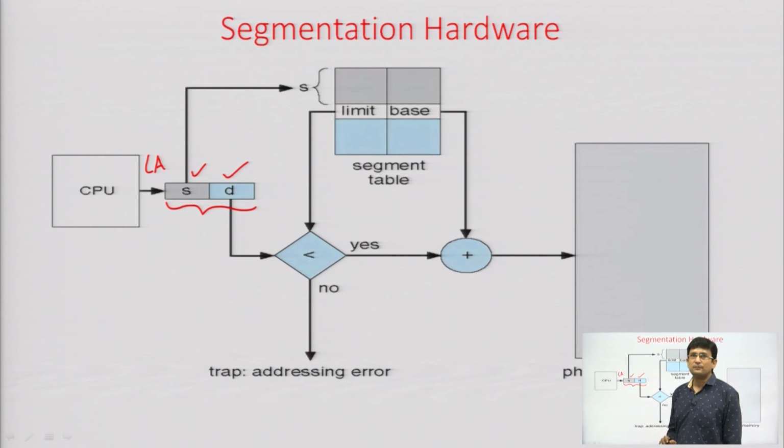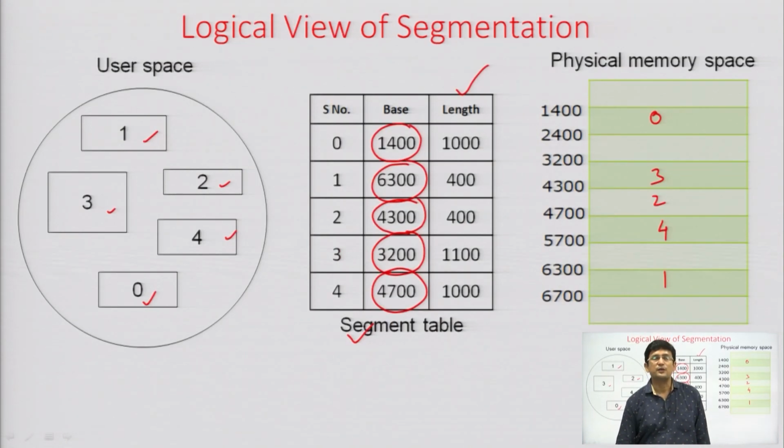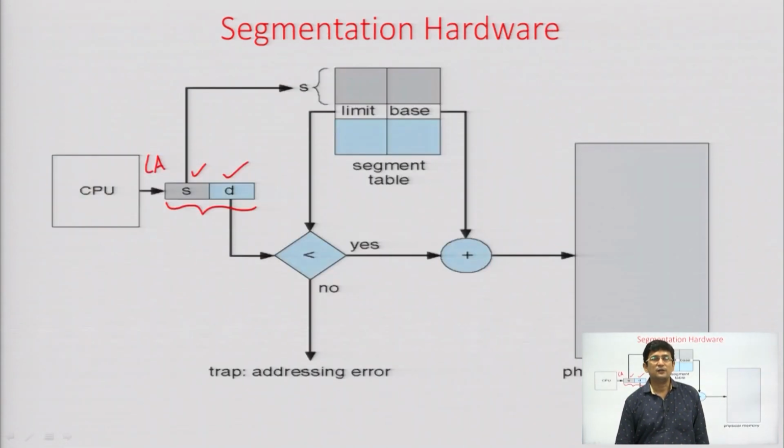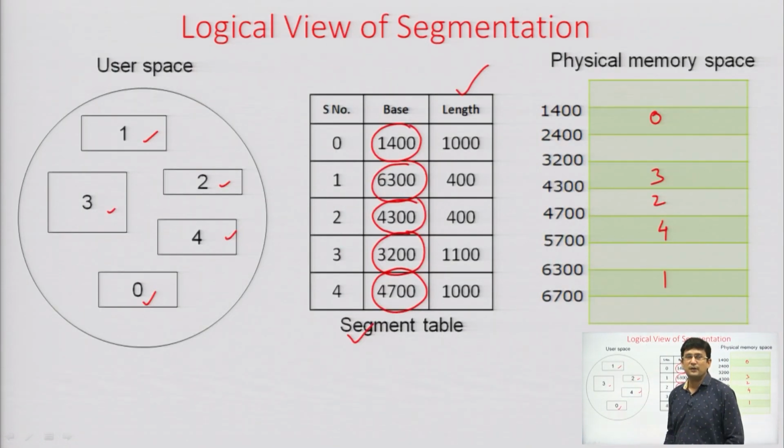Segment numbers are 0, 1, 2, 3, 4 as we discussed. And what is the offset? The offset is the byte referred to inside that segment. Now let us understand it in a bit more detail. For example, we are referring to segment number 0, whose length is 1000.